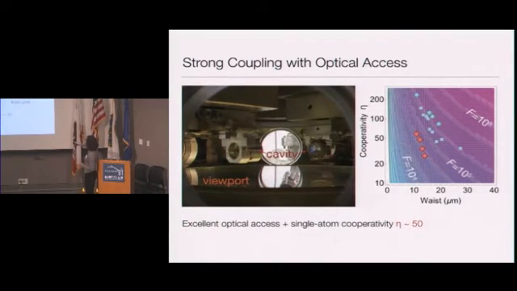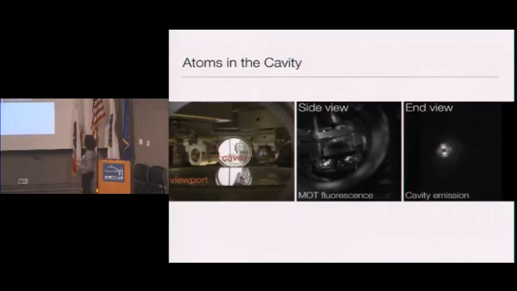And at the end of the day, what this gives us is something where when an atom scatters a photon into this mode, the probability that it will interact with another atom is about 50 times higher than the probability that it will be lost. And so this is an exciting regime of strong coupling cavity QED that will allow us to explore these types of photon-mediated interactions.